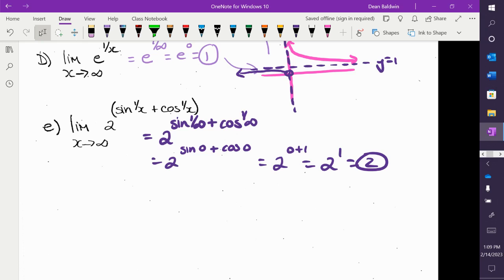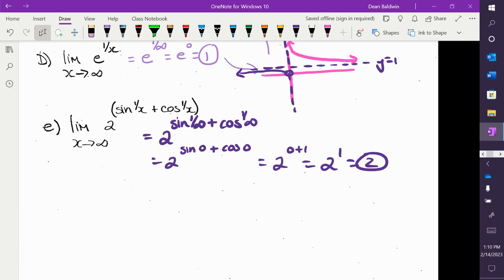Because these both go to 0. So sine of 0 is 0. Cosine of 0 is 1. You get 0 plus 1, which is 1. 2 to the 1 is 2. All right.